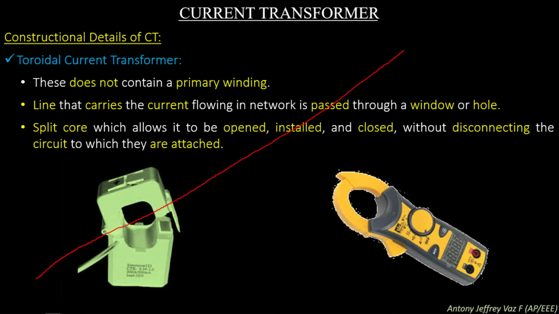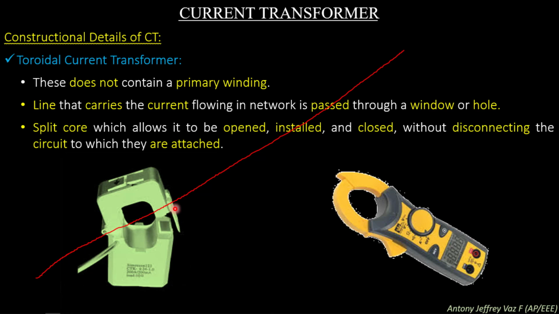If we have an infinitely long transmission line and need to measure the current flowing through it, then we cannot disconnect this transmission line because it is in service.